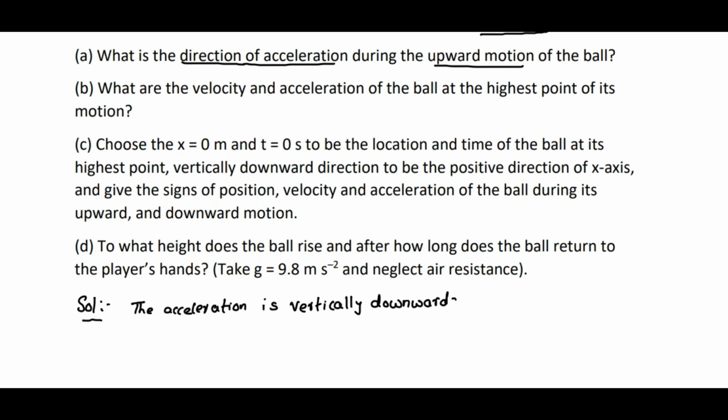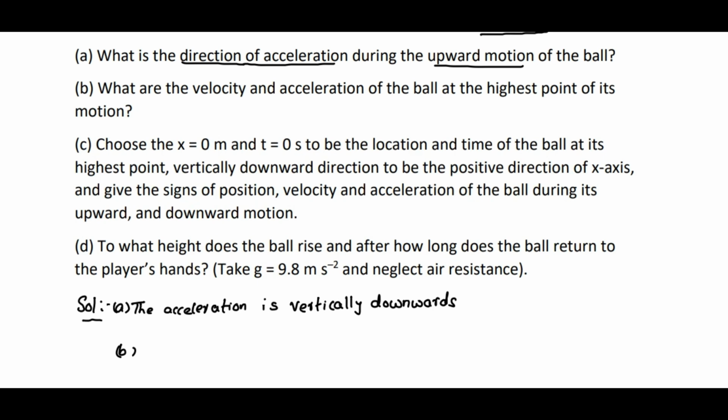So when a body is thrown vertically upwards, the acceleration will be vertically downwards. This is because of gravitational force. This is for A.